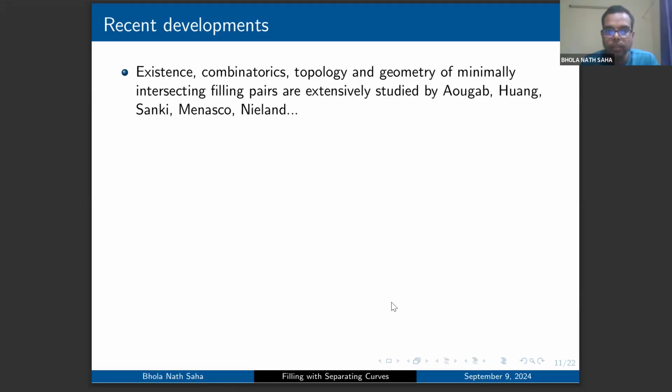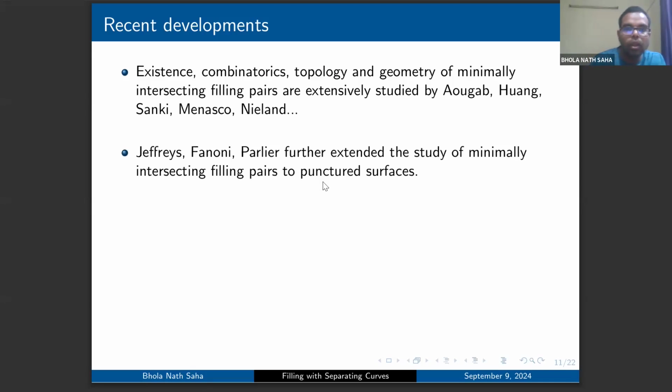The existence, combinatorics, topology, and geometry of minimally intersecting separating filling pairs are extensively studied by Aougab, Huang, Sanki, Minasco, Nieland, and by many more. Jeffreys, Fanoni, and Parlier further extended the study of minimally intersecting filling pairs to punctured surfaces.